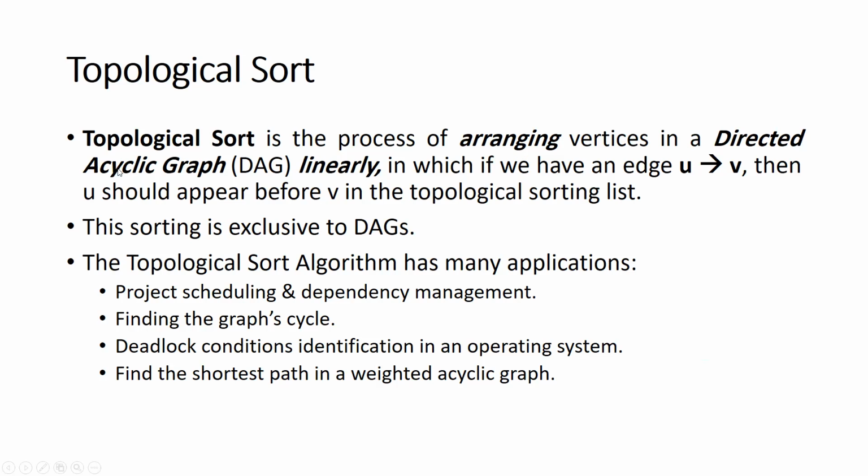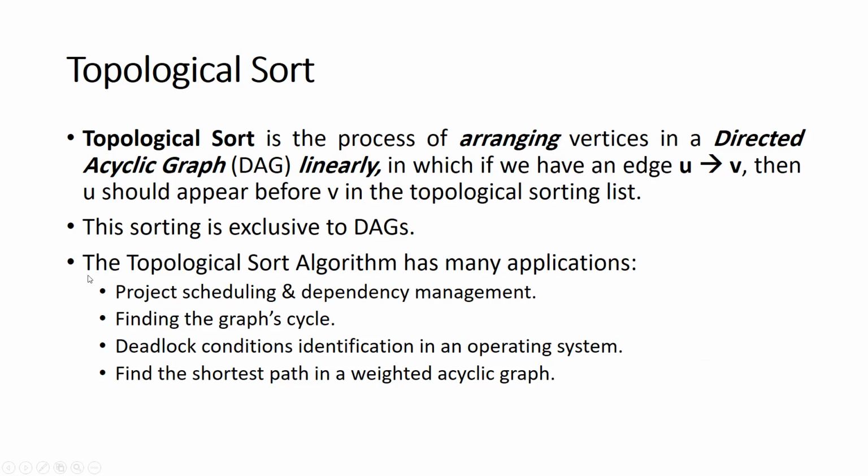It means that it does not have a cycle. Also, when an edge exists between u and v, u should appear before v in the topological sorting array or list we will have.